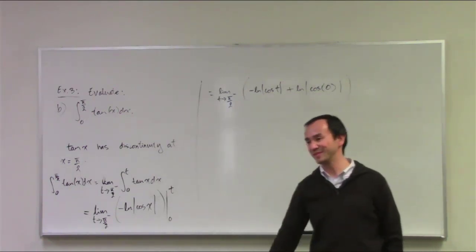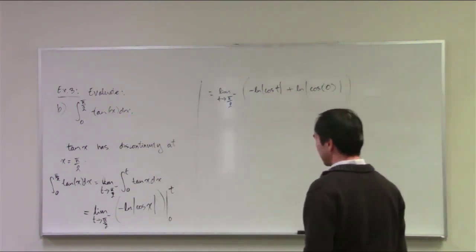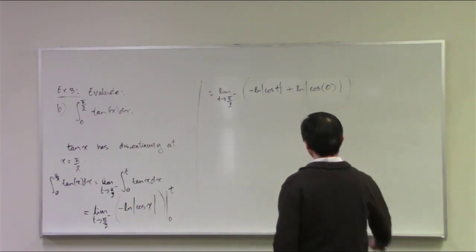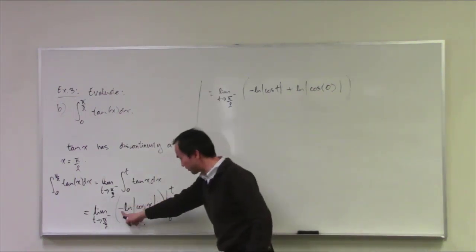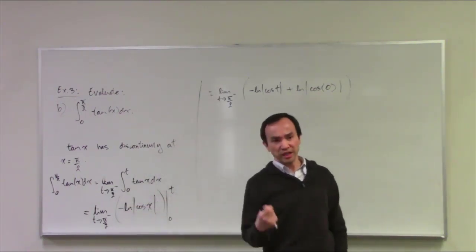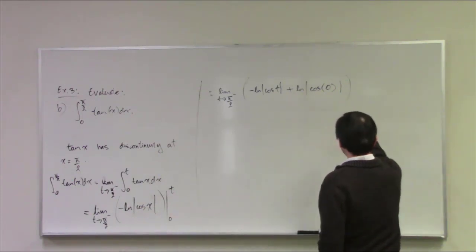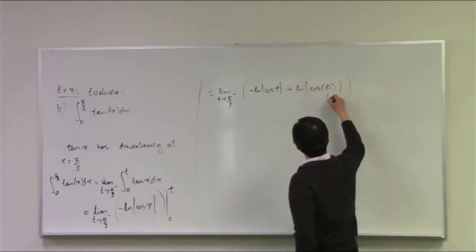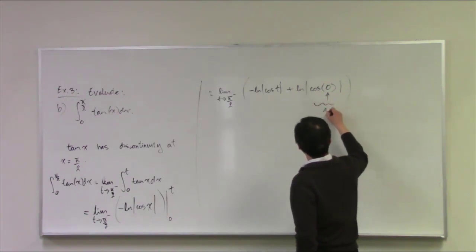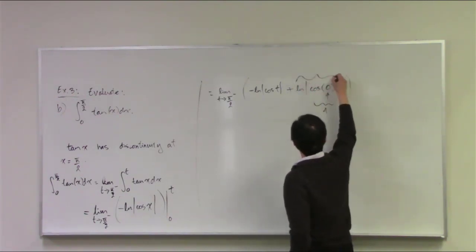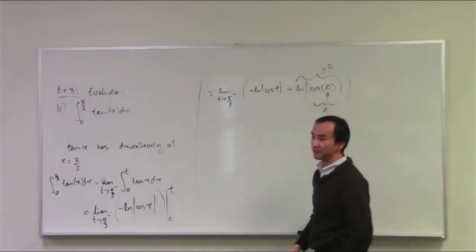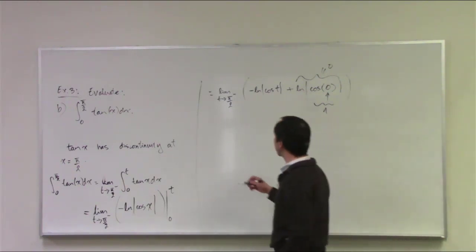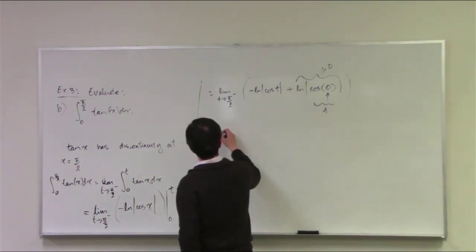Okay, just simply substituting in the values again. And the plus right here came from subtracting a minus. Cosine of 0 is easy enough, it gives me 1, and natural log of 1 becomes 0. Everybody follow?